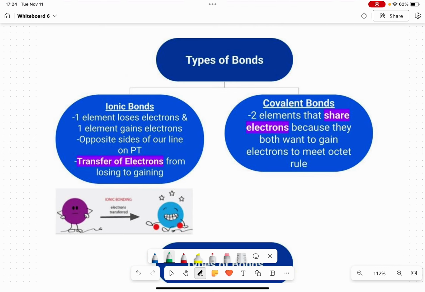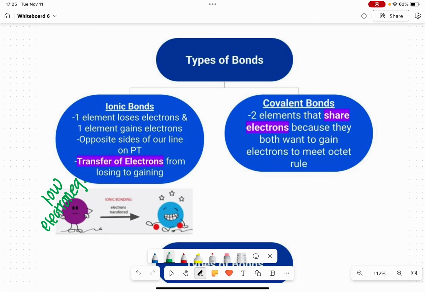We have 2 types of bonds. We've already looked at ionic and covalent. Ionic is when one element loses electrons and one element gains. They're on opposite sides of our periodic table, and this happens through a transfer from the one that's losing to the one that's gaining. That's because the one that loses has a low electronegativity.